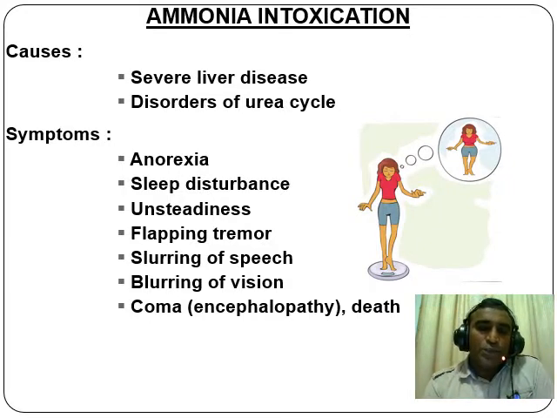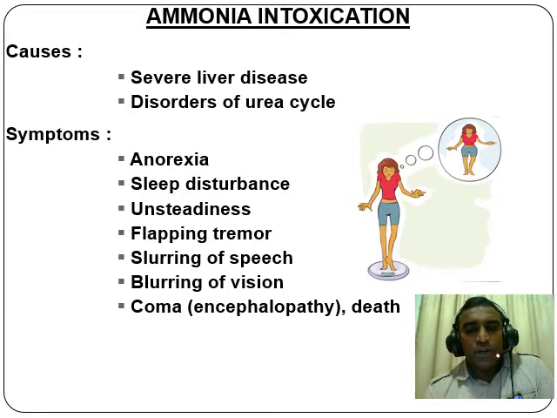Here are shown the symptoms of ammonia intoxication, as well as what causes it. In terms of the cause, it is definitely a failure in the important organ relevant for the urea cycle, that is the liver.